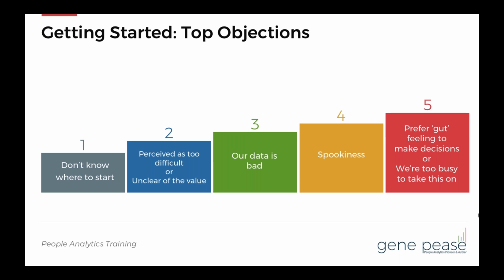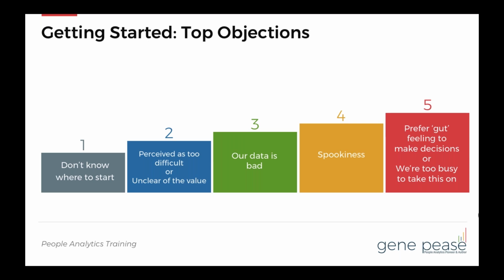Just about everybody believes our data is bad, and I'll spend a few minutes in a little bit talking about HR data, and it isn't very good, but we've got to begin to work with it. And then there's still the spookiness factor, and with all of the data breaches we've had in the last year, the spookiness factor is going up. So I'll talk about the ethics and transparency about using this work.